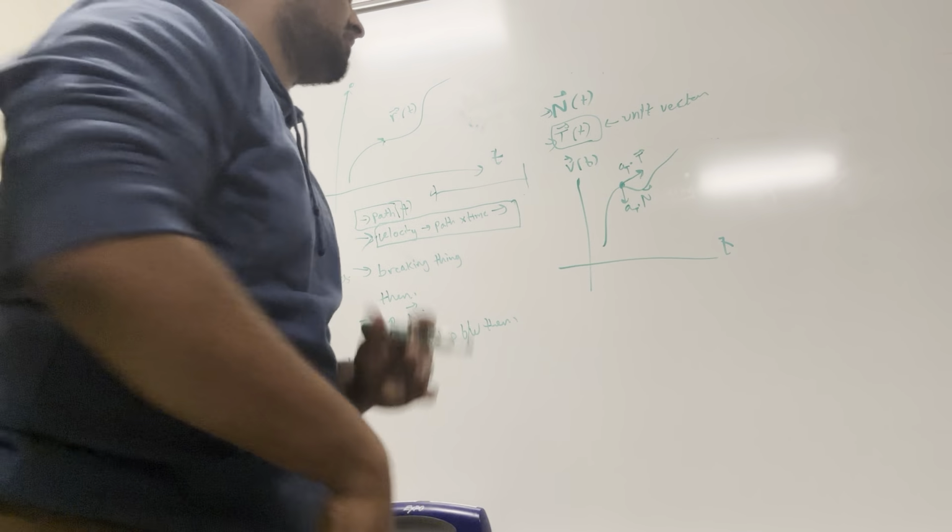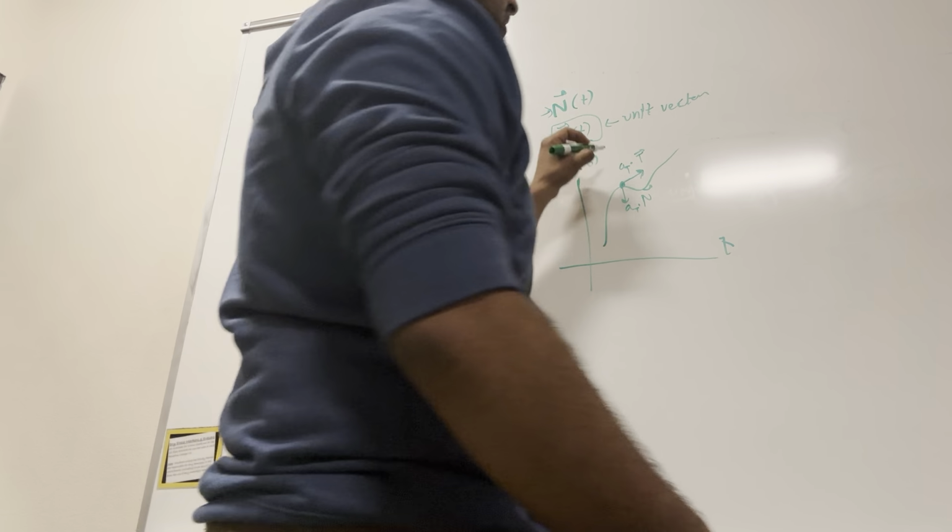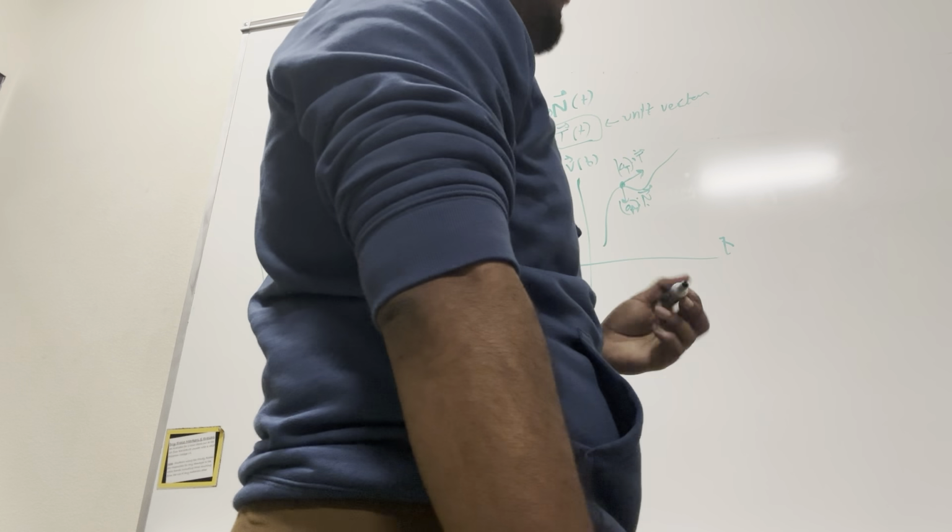Which means there is a certain scalar and a vector involved in describing these changes. In this v-t graph, this can be done using a scalar acceleration tangential and a scalar acceleration normal, dotted with the unit tangential and the unit normal vector.